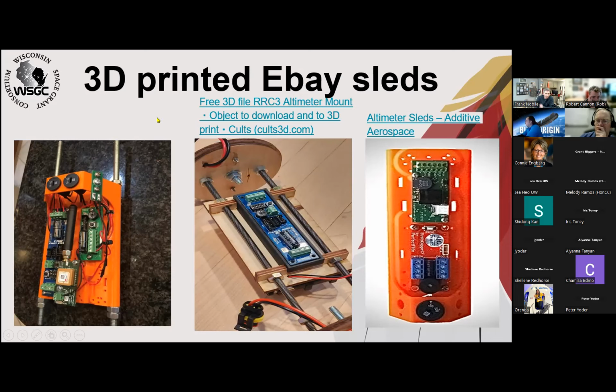They'll send it out, and you can just plug it into your 3D printer and do it yourself. I got a bunch of links right here that you can click on for that main reason. And of course, some, like this altimeter sled, Active Aerospace actually makes this whole thing for you. Excuse me. And you tell them the particular diameter of the rocket that you need for your avionics bay.